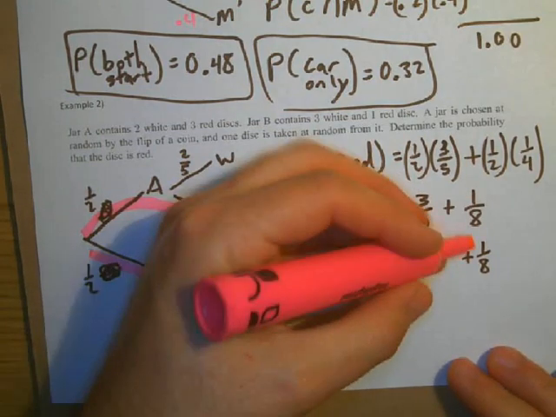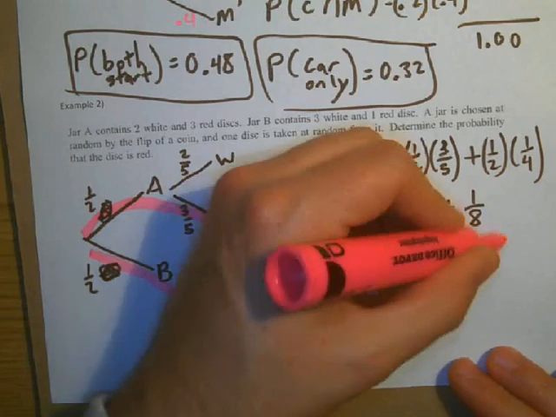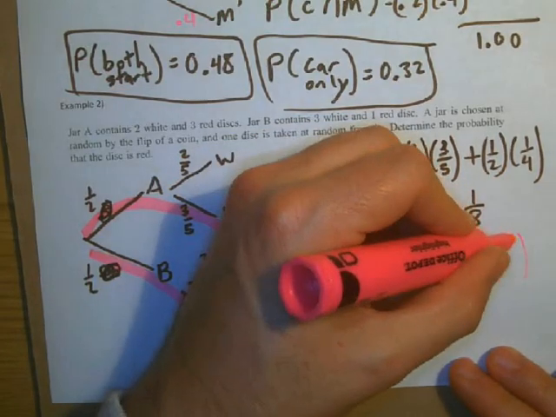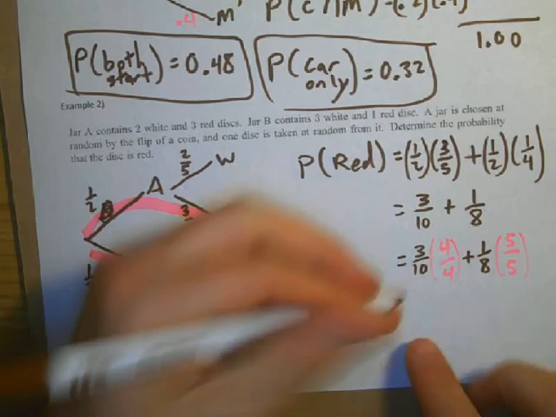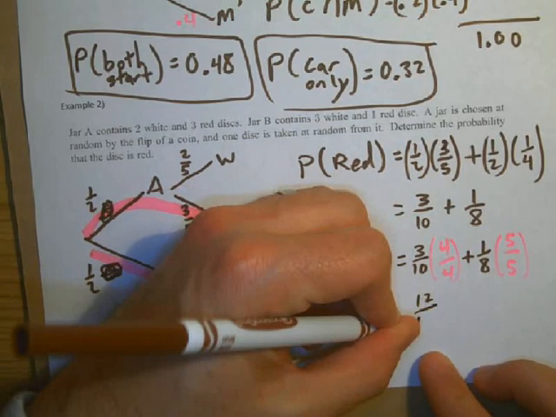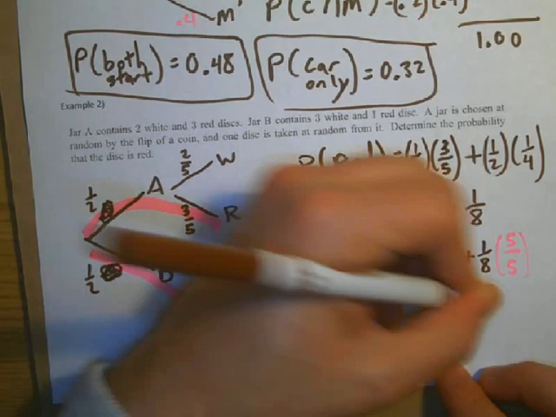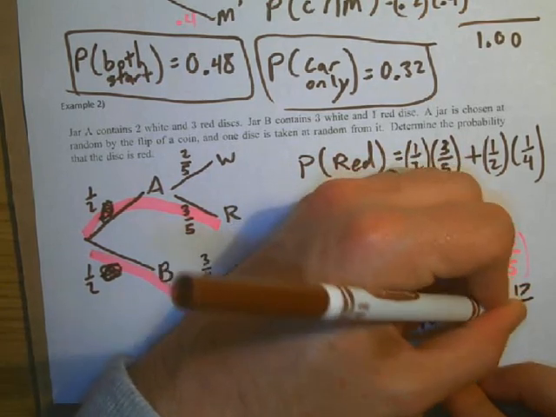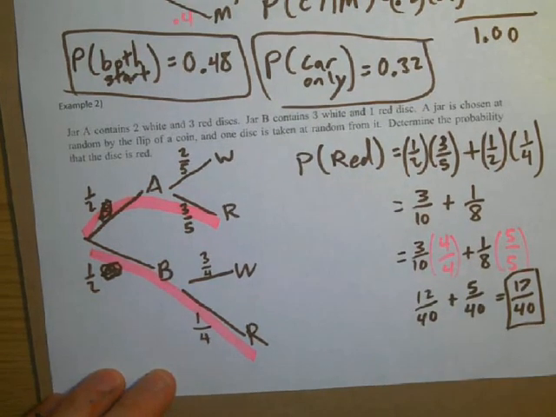I would multiply this one top and bottom by 4, and this one top and bottom by 5. So then we get 12/40 plus 5/40, which gives me 17/40. And that is the probability of getting a red disc.